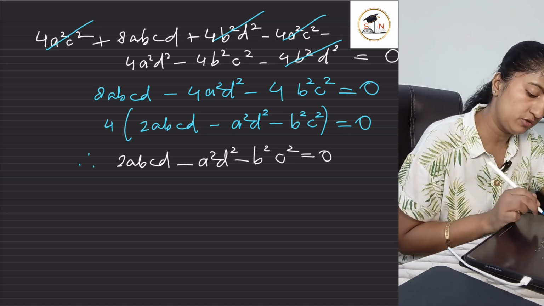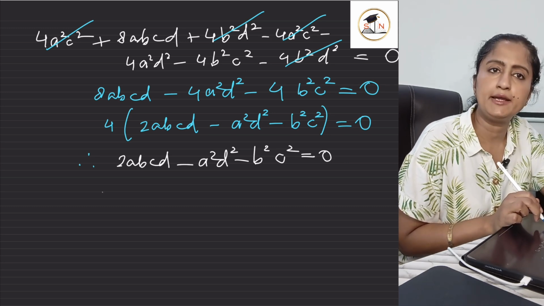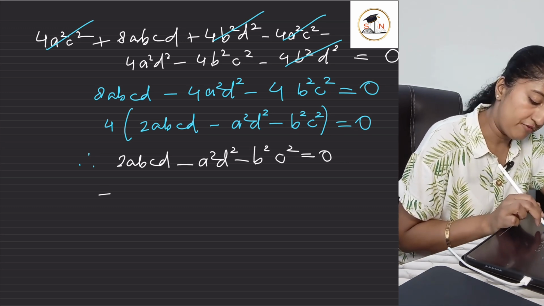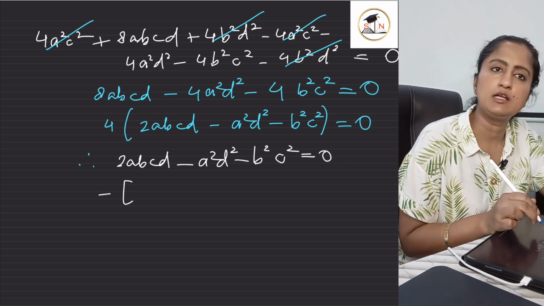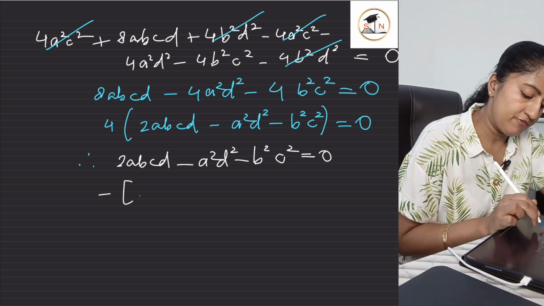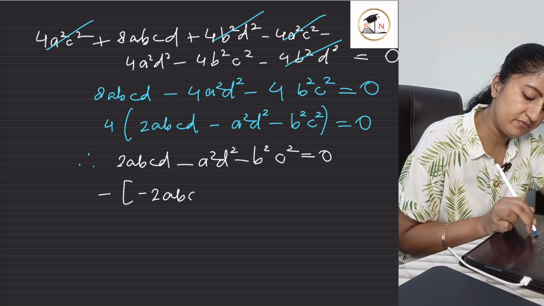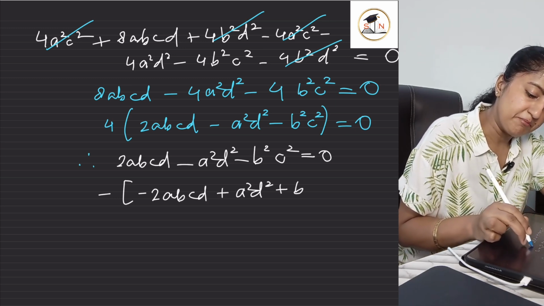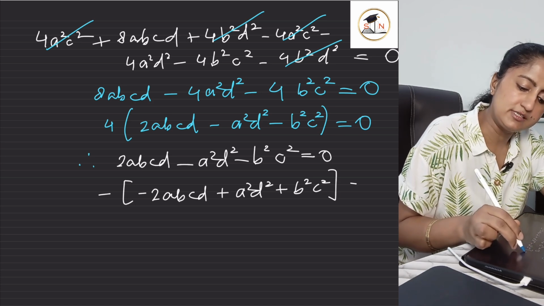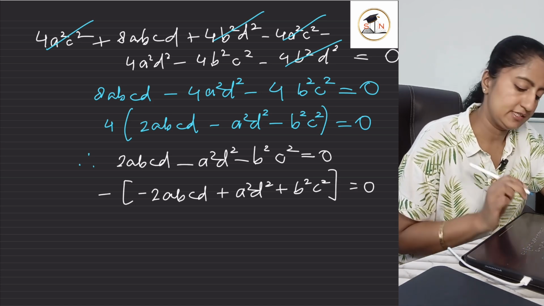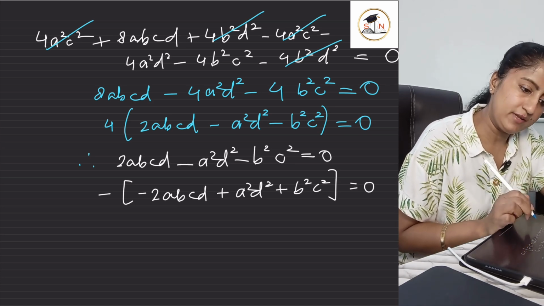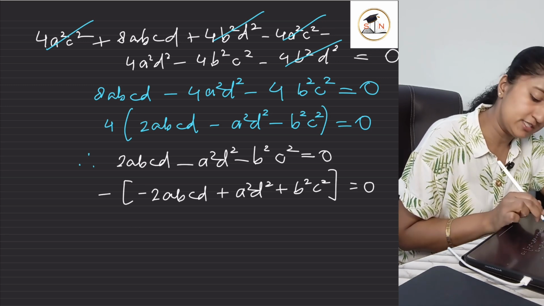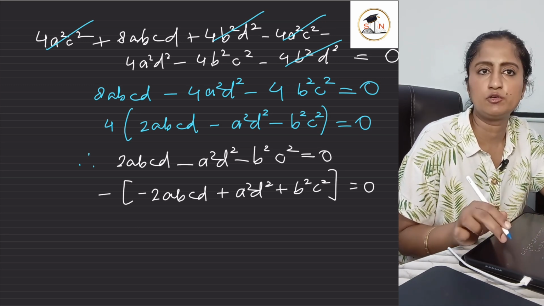So now what I'm going to do, I'm going to take out a minus 1 common. Why am I doing that? You will realize it soon. When I take out minus common, it leaves me with minus 2abcd plus a square d square plus b square c square equals 0, right? This is what we get. Now, I just ignore the minus that's going to 0.